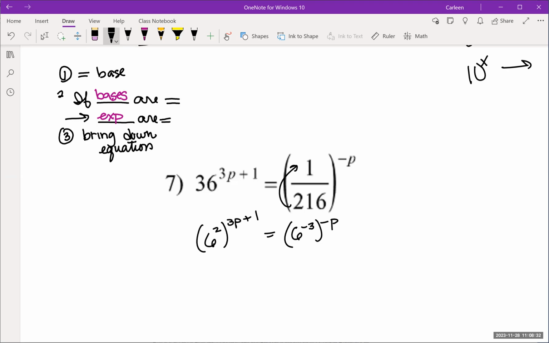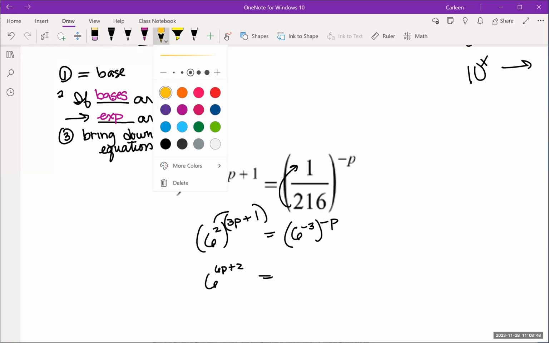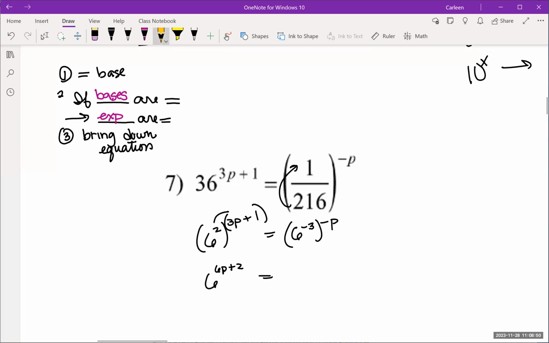Okay. Now I am going to distribute that 2. Yeah? See what I just did? And I'm going to multiply. Yeah, superpowers, multiply exponents.